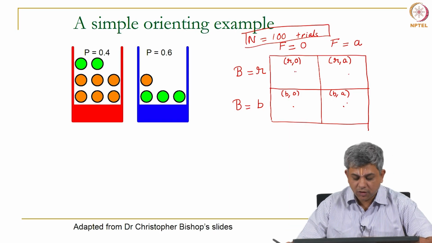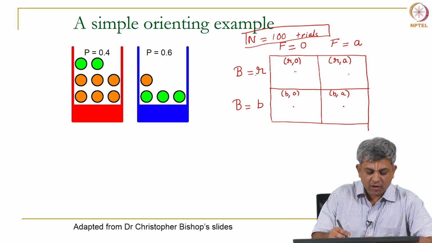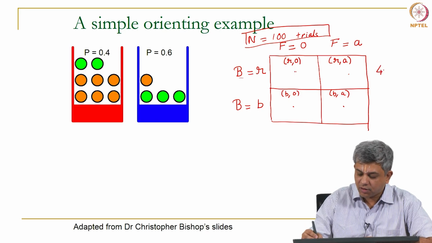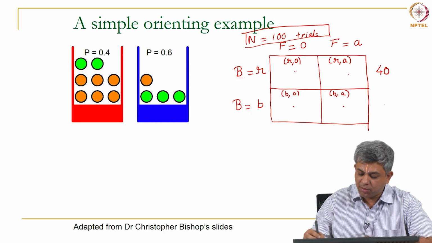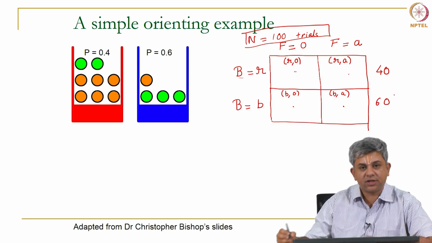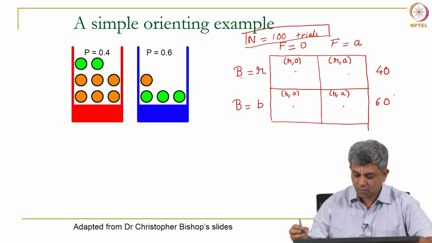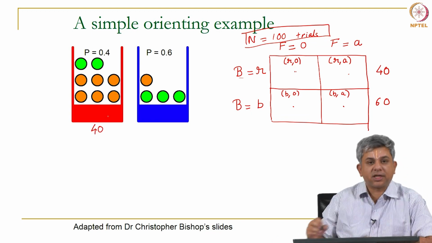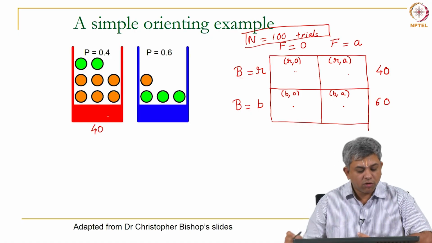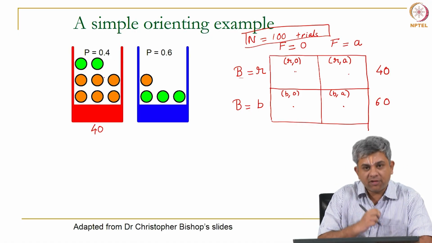Okay. So, I know that in the case that I have 100 trials, the basket will be red a total of 40 times. Similarly, the basket will be blue a total of 60 times. Now, for the 40 times that I pick this basket, suppose I want to know in how many of the cases the fruit will be an orange.